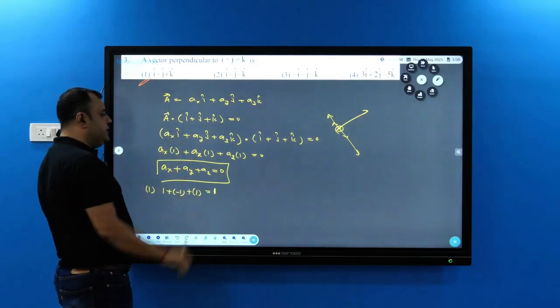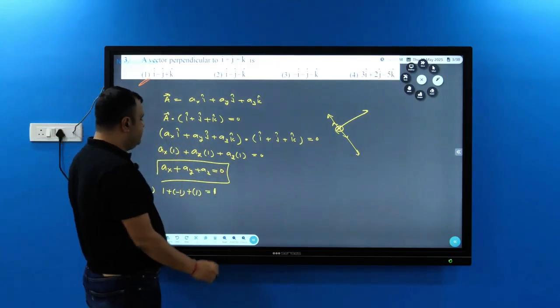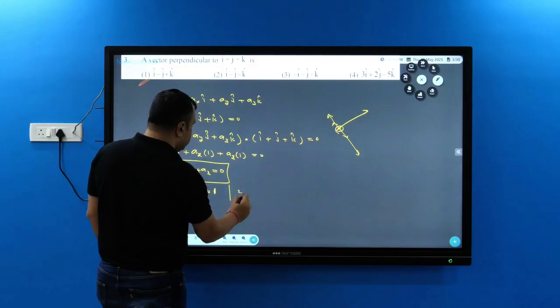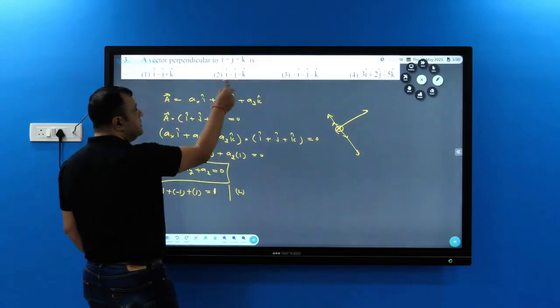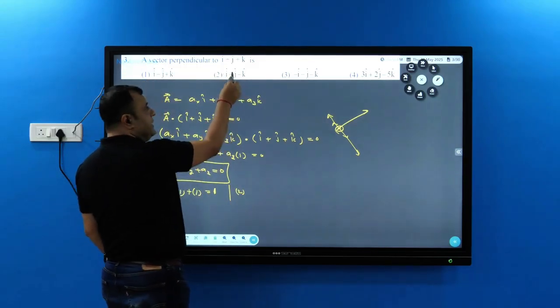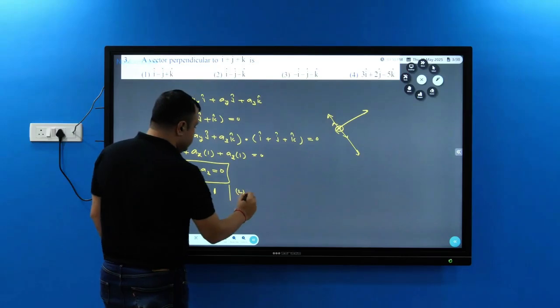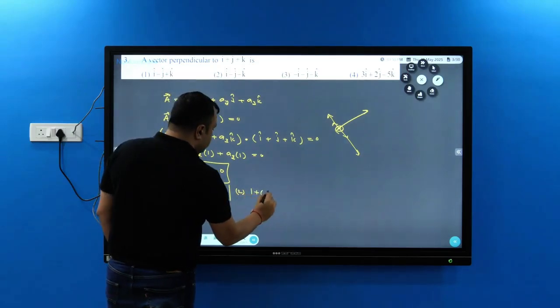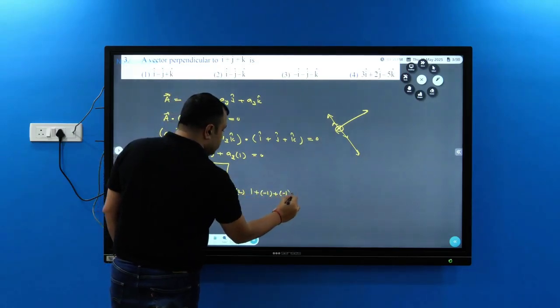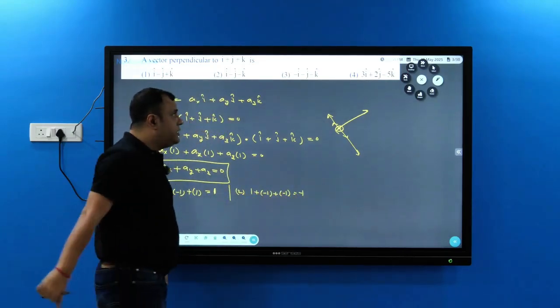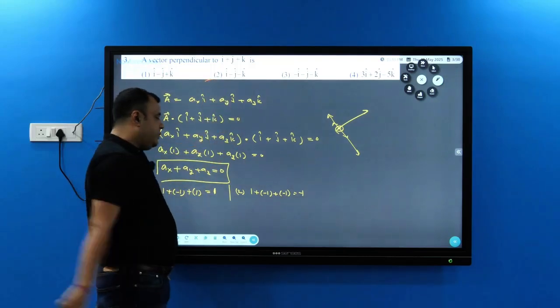So the first option is not the right answer. If I check the second option, Ax is 1, Ay is minus 1, and Az is minus 1. So 1 plus minus 1 plus minus 1 becomes minus 1. Again, it's not 0, so this is also not perpendicular.